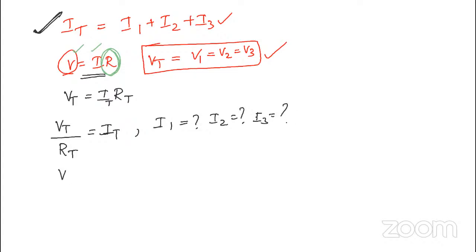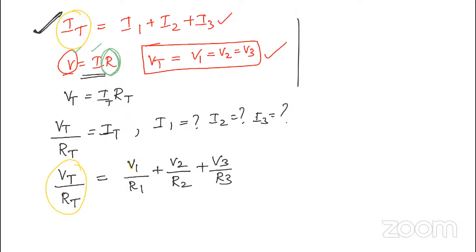So இதுல இருந்து we are writing VT by RT is equal to, இந்த first one க்கு values எழுதியாச்சு. IT என்ன எழுதிருக்கோம்? It is VT by RT அப்படின்னு எழுதியாச்சு. Next அதே மாதிரி similarly I1 க்கு என்ன எழுதலாம்? It is V1 by R1. Okay. Plus V2 by R2 plus V3 by R3.